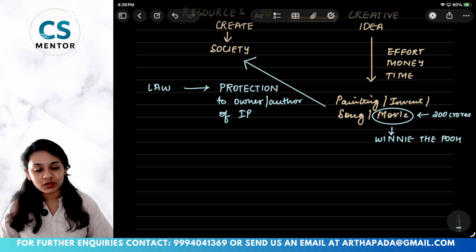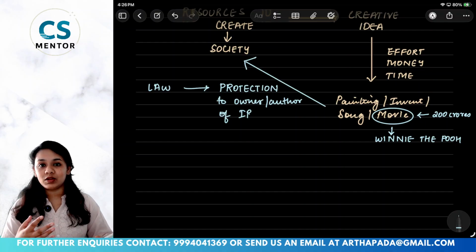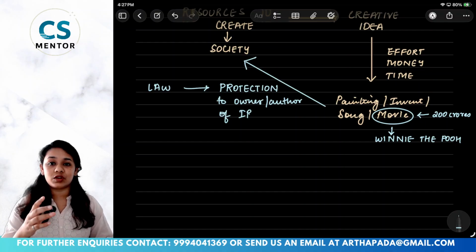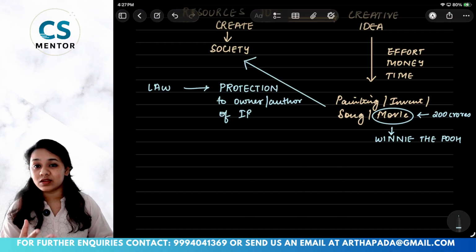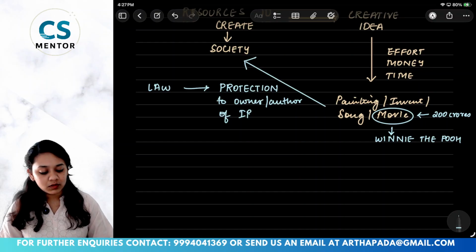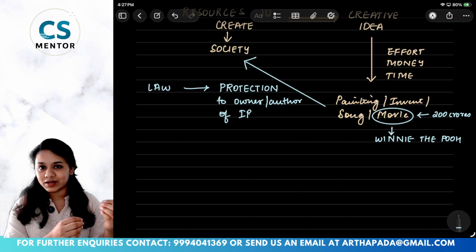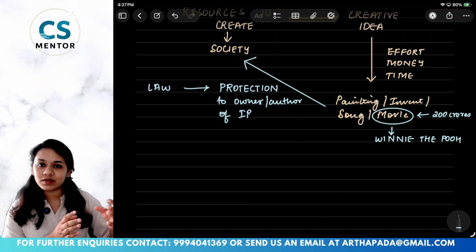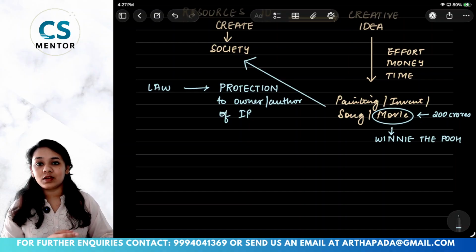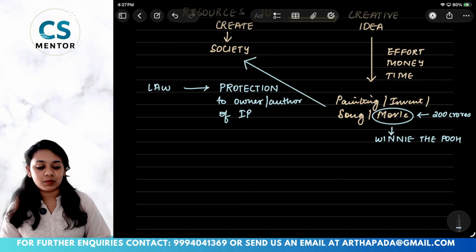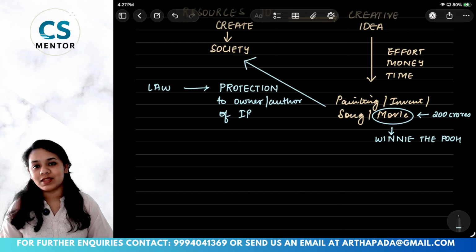Now, what if someone took the character of Winnie the Pooh and made him into some kind of a ghost, or some kind of a distorted psychotic serial killer or something? Well, the whole point is that Winnie the Pooh was a character that has a story attached to it, and that story ran in a particular way. Now someone takes and changes the whole thing up, it kind of destroys the idea. That is why protection is given.